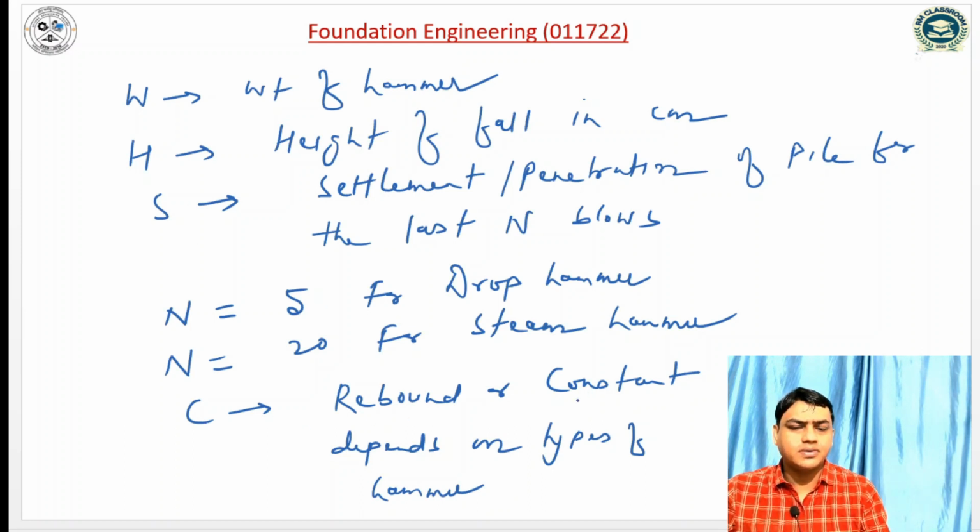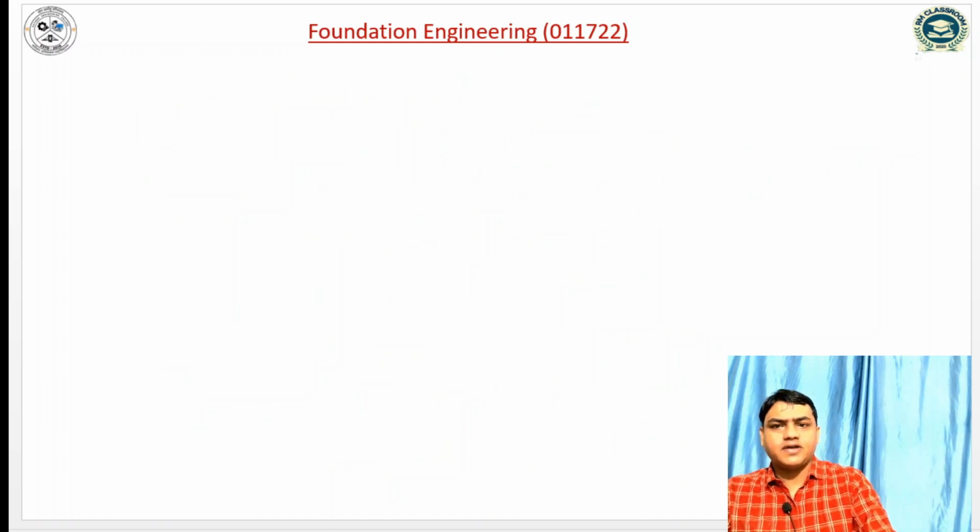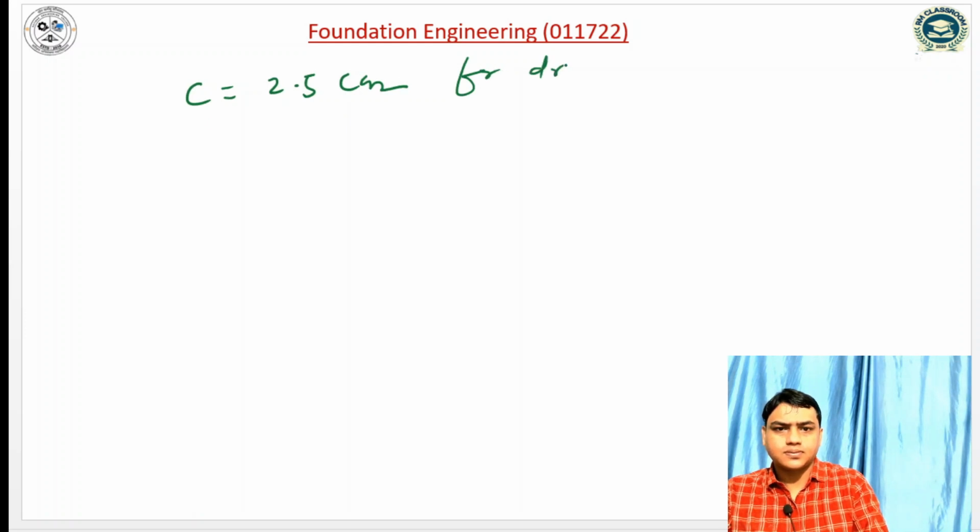So C is the rebound or constant that depends on the type of hammer, and the value of C is 2.5 centimeter for drop hammer.